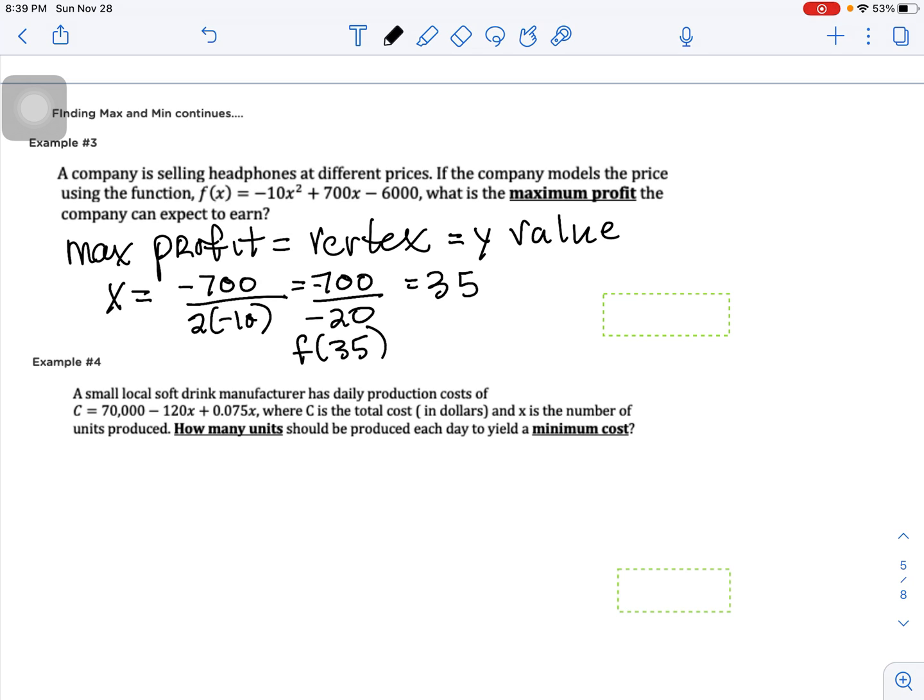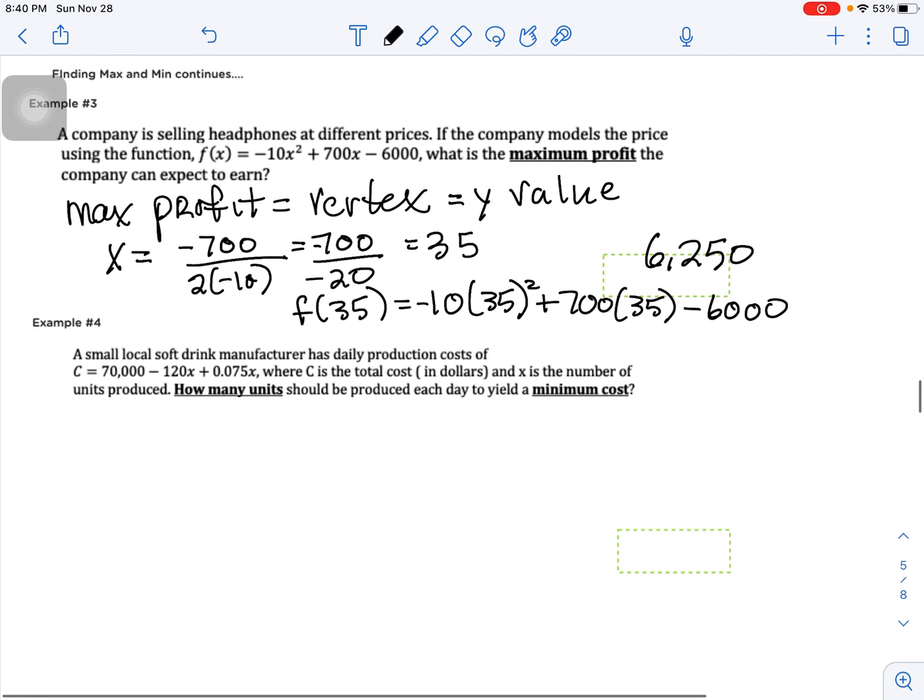So I have to do f of 35 equals negative 10 times 35 squared plus 700 times 35 minus 6,000. So 35 squared times negative 10 plus 700 times 35 minus 6,000. So it's 6,250. And you can go ahead and test it in the box.